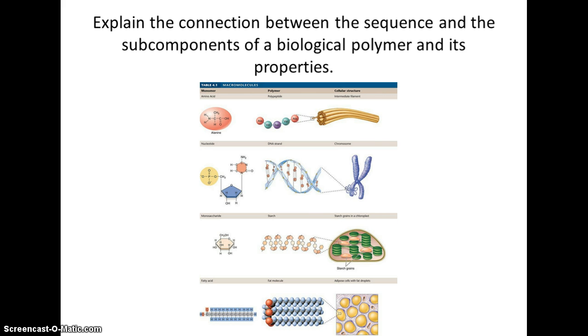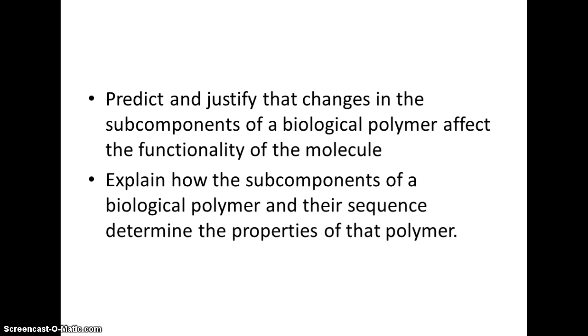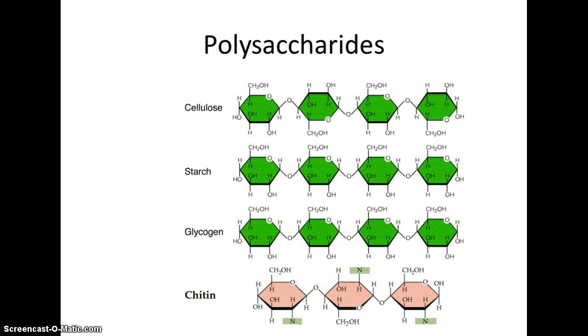So what we want to do is begin this discussion of how we can look at those subcomponents and predict what would happen if you changed one of those macromolecules or those single monomers. And the second part is then to talk about that order or sequence and how that affects the properties of the polymers. Okay, so here's an example of 4 polysaccharides.